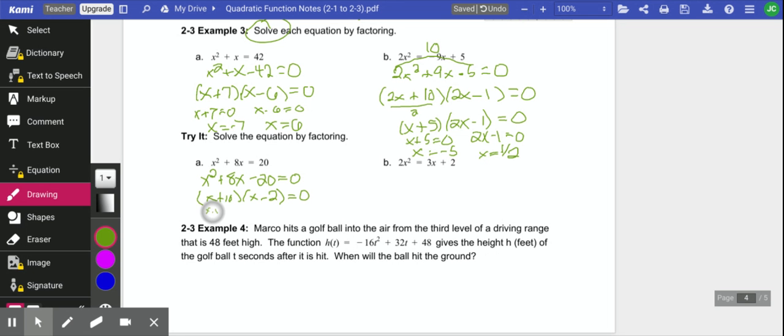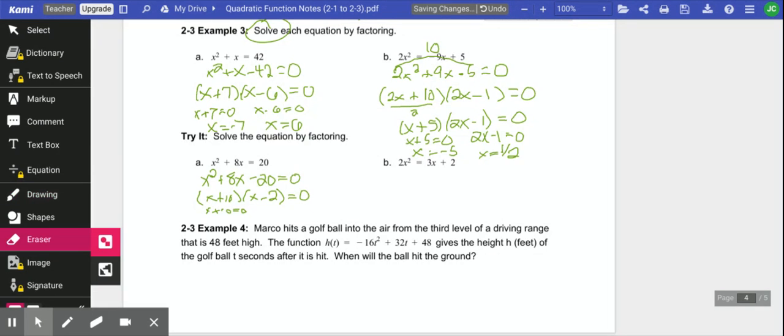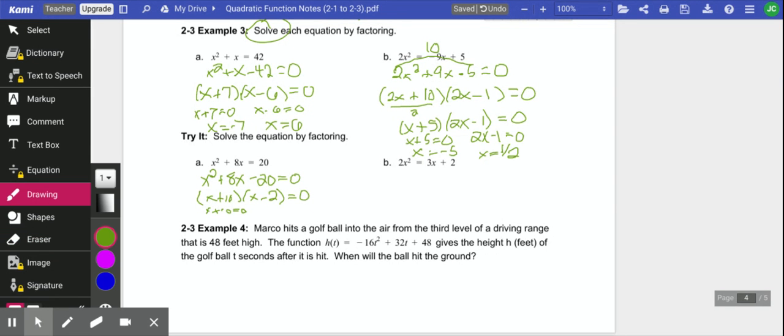Then we're going to set both of these equal to 0. Now, if you don't need to write this step, you don't have to. You can skip writing that and go straight to x equals negative 10, as long as you know what you're doing. Or x minus 2 equals 0, add 2 to both sides, so x equals 2. So we have two solutions to this, 2 and negative 10.